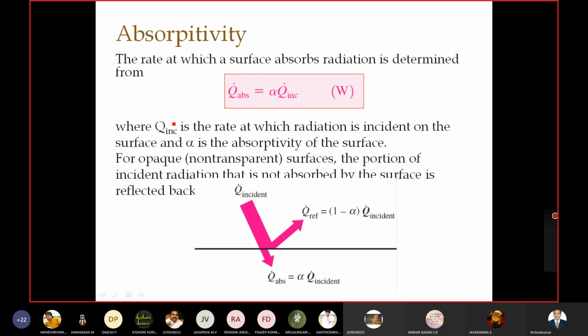So the rate at which the surface absorbs radiation will be alpha times Q incident for a transparent material, and for an opaque material, (1 minus alpha) times Q incident.